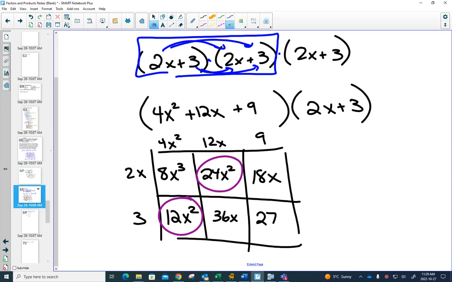Check your diagonals for like terms. Sure enough. It's 36.